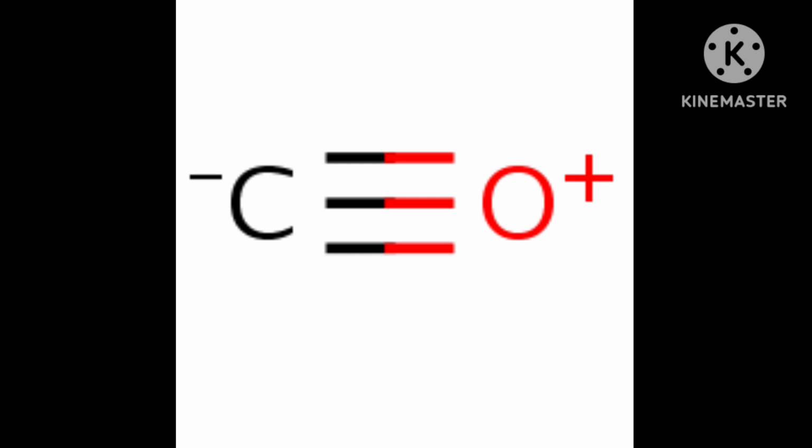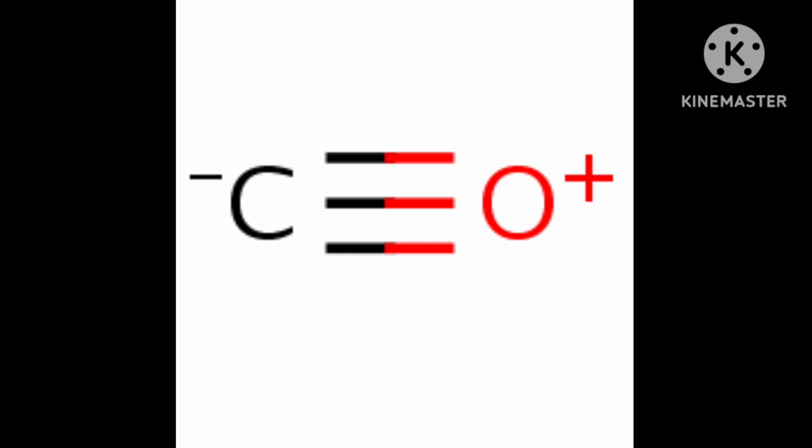Another structure has a double bond with both oxygens. And the third structure has a triple bond with the first oxygen and a single bond with the second oxygen, the reverse of the first structure.